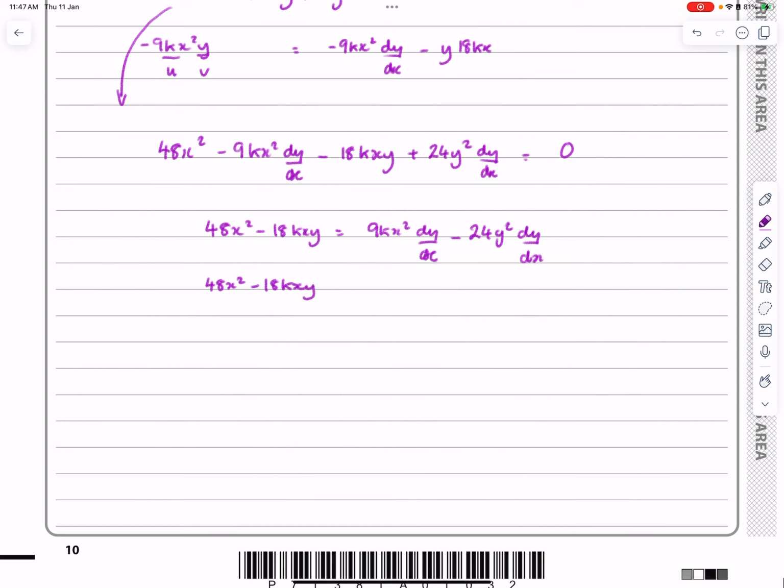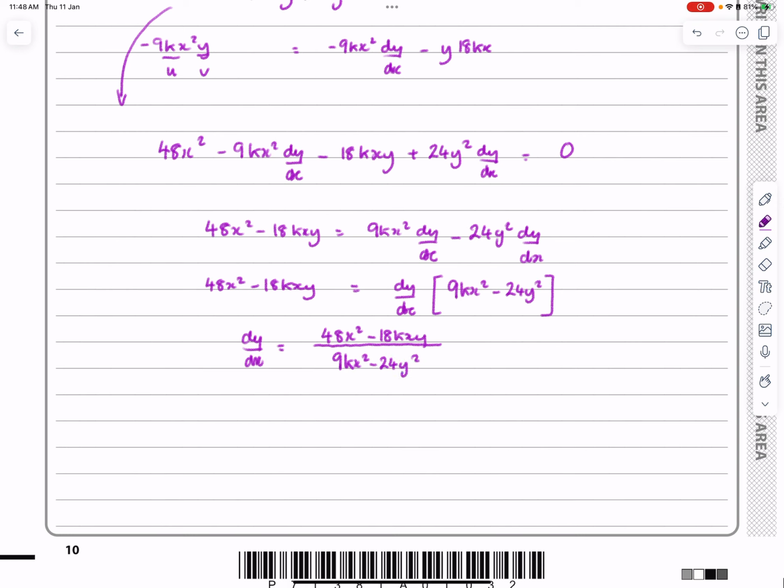Now I know things can factorise out of that, I'm just leaving it for the time being. dy by dx, just still can't write properly, 9kx squared minus 24y squared, and now I'm going to say, okay, so dy by dx is one divided by the other, so dy by dx then works out to be 48x squared minus 18kxy, all divided by 9kx squared minus 24y squared.